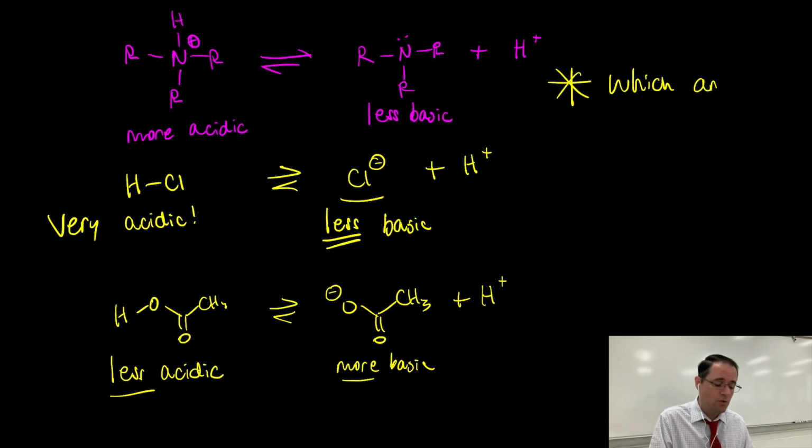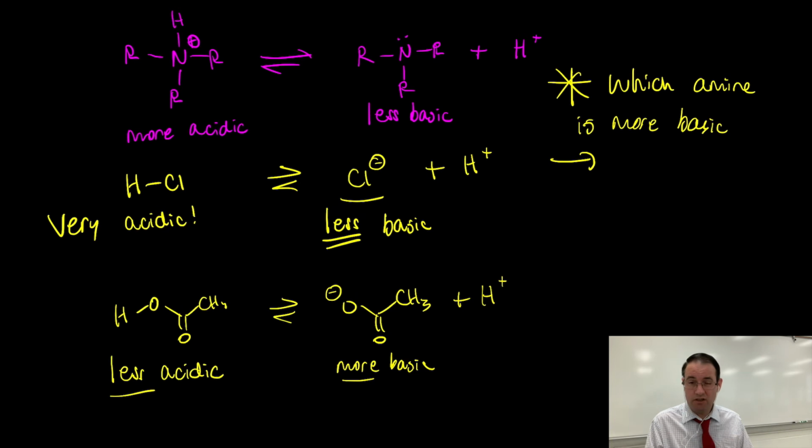We're going to see problems that say which of the following amines is more basic. We can think about it in terms of just the structure, whether you have aniline or a primary, secondary, or tertiary amine, or you can think about it in terms of the acid. Stick an H on there, put a plus on the nitrogen, and then think about how acidic that conjugate acid is.